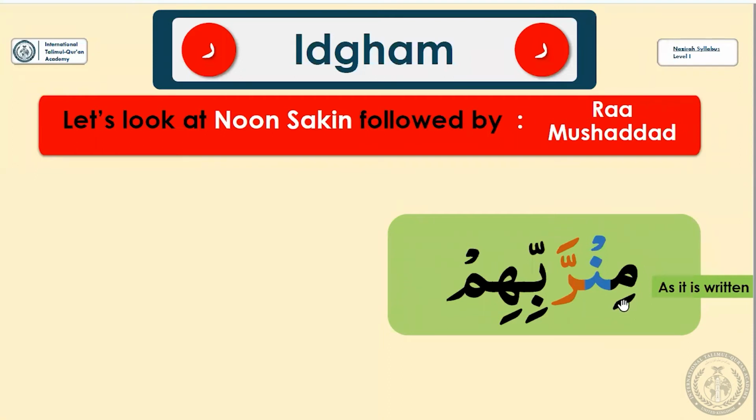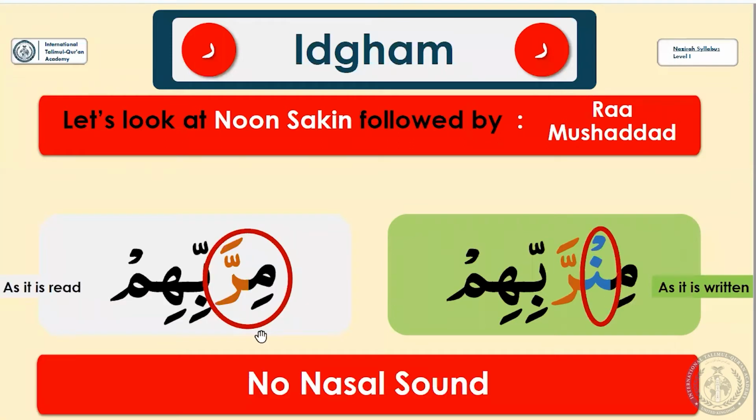It's written as min ra, with the tashdid, but how we will read it is shown on the left. We will ignore the Noon Sakin and join the mim and the ra together. So I would read it as mirra.